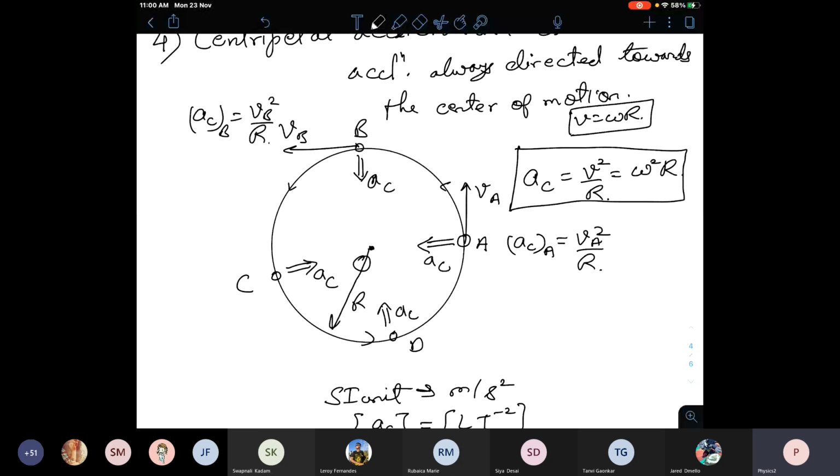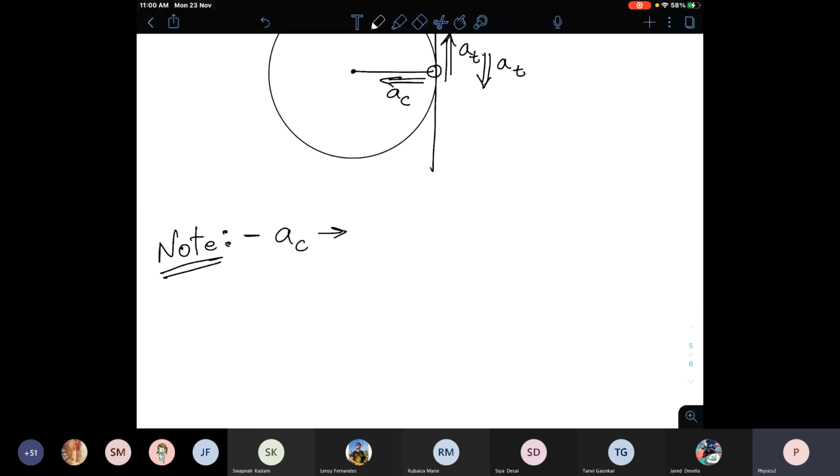That means a unique characteristic of circular motion is that there is a centripetal acceleration. So centripetal acceleration is the source of circular motion. It creates circular motion.